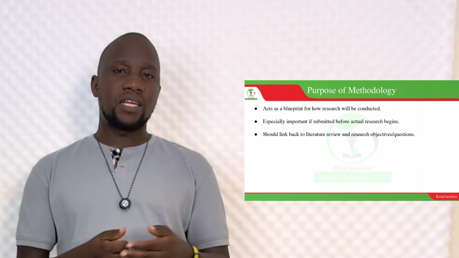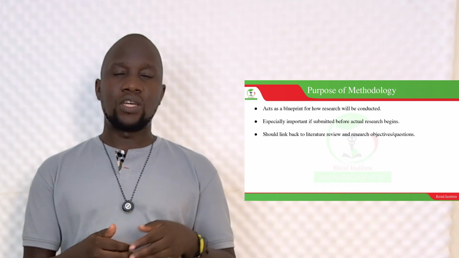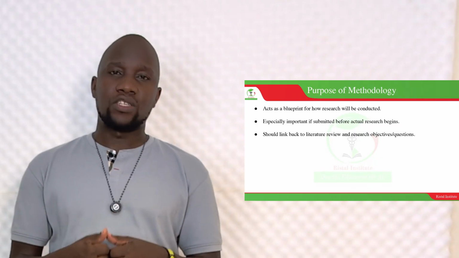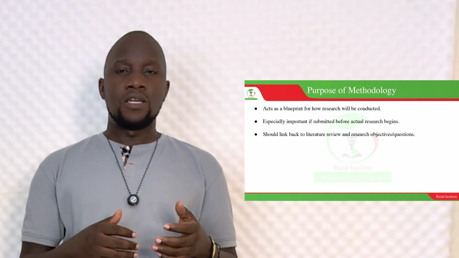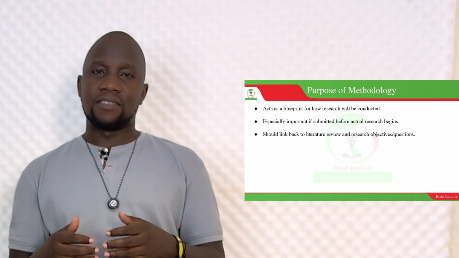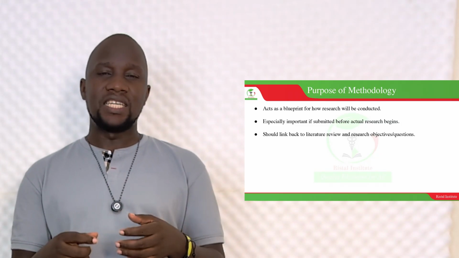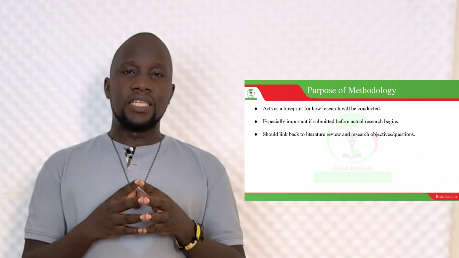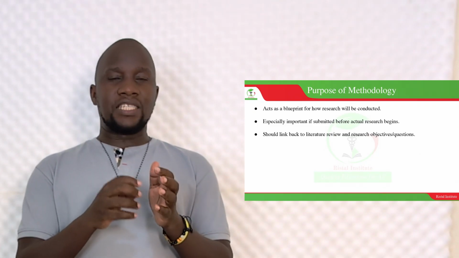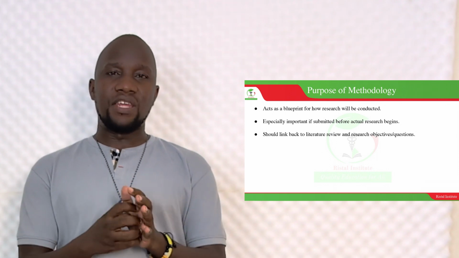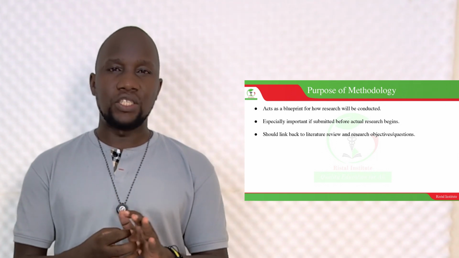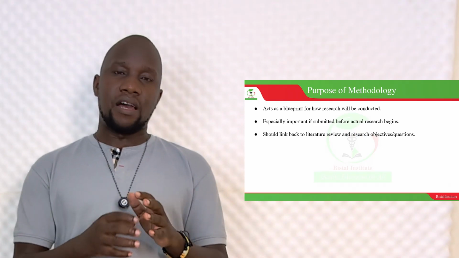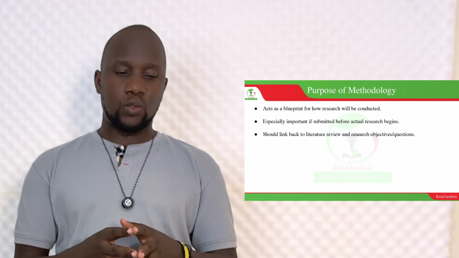In your research proposal, you're talking about how the study will be conducted. In your research report, you report what your study did. How was your study conducted? So the blueprint has the details of how everything was actually done, and we look at your research methodology and understand how everything was connected to the other.